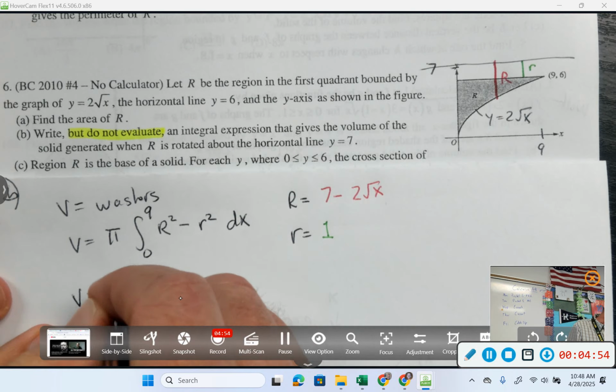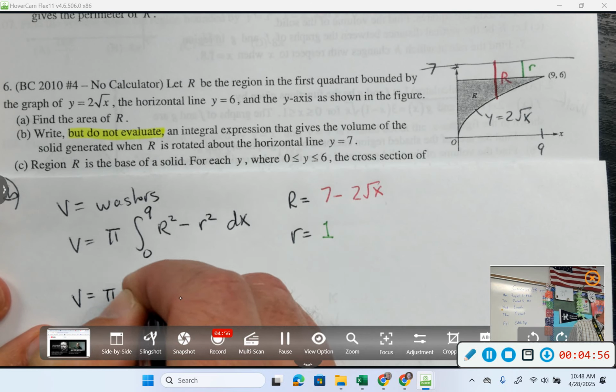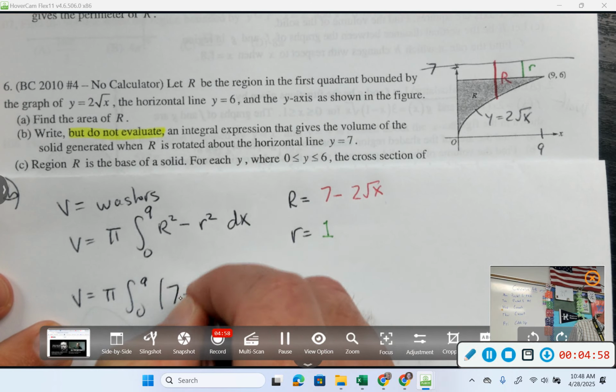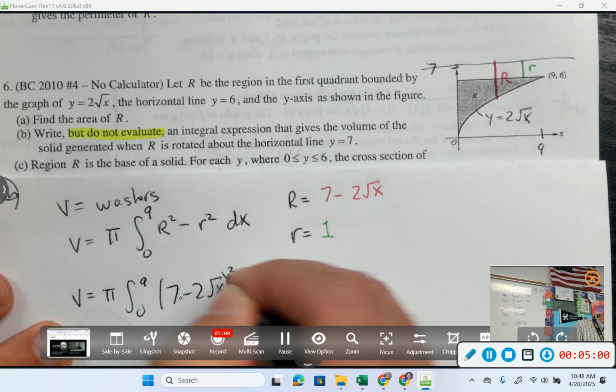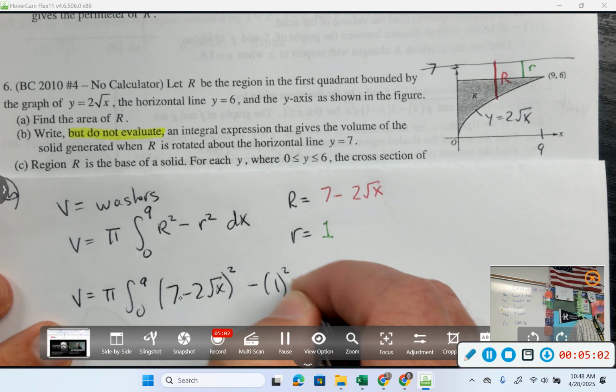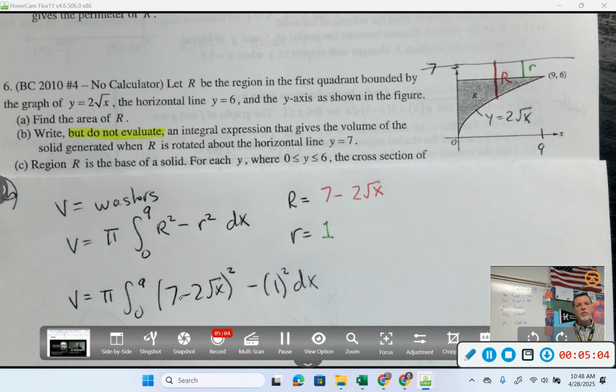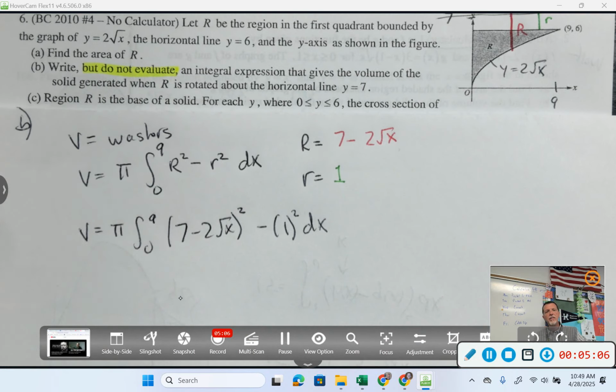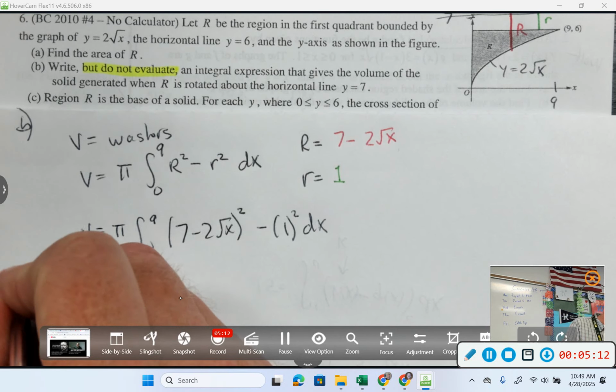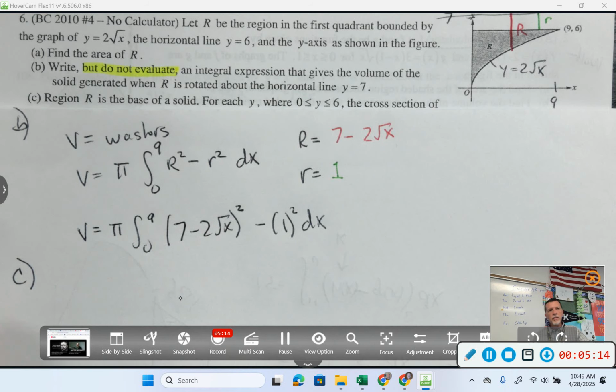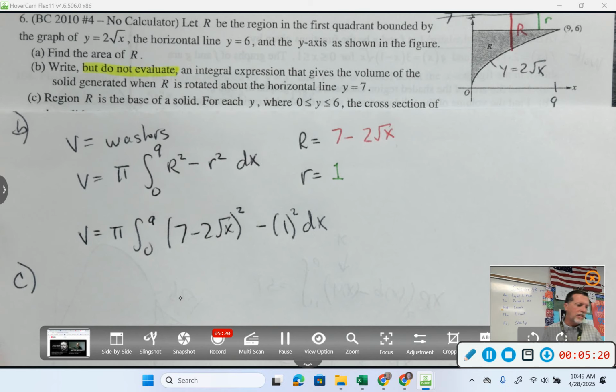Now, most of you would be a little worried about leaving that as a safe stop, so you might take the extra few seconds to make sure you're okay. Better safe than sorry. Write but do not evaluate. Gives the volume. Okay, that's it for part B. I guess that one would be possible to evaluate by hand. It would just take a while.